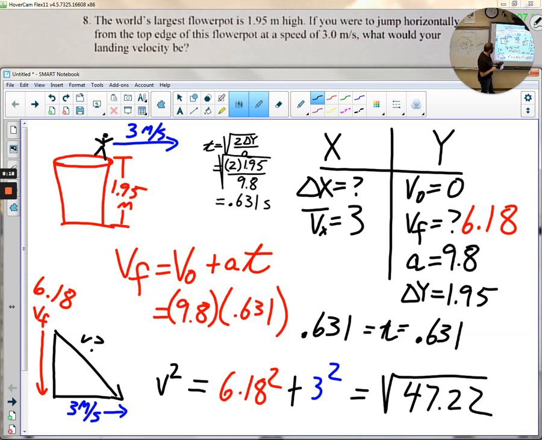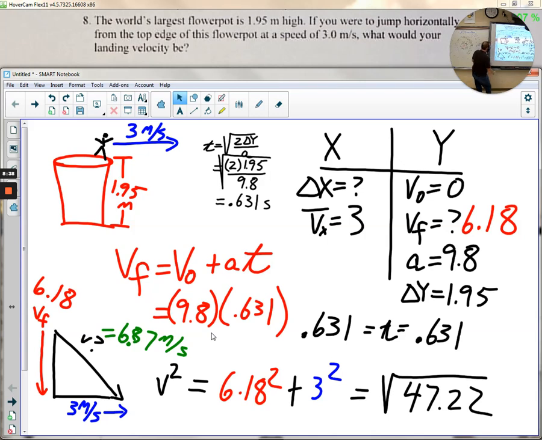I get 6.87 for my final velocity vector. I'm going to write that in right here in green. Meters per second. Now we need to find an angle. I think probably the easiest way to do that is because we've got our 2 legs that have been given to us, I'm just going to use tangent.